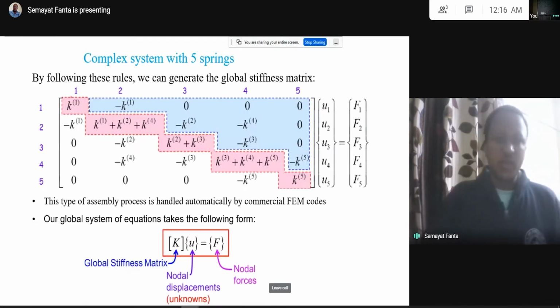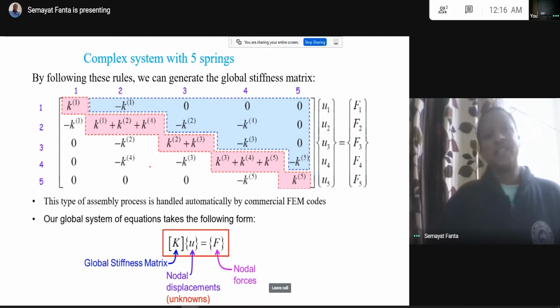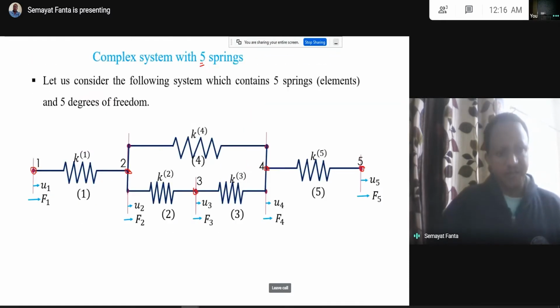Anyways, when we substitute the values for the five springs, for the first spring we have K1, minus K1, minus K1, plus K1 here. This implies the first spring is in the first column and first row, and the second column and second row.